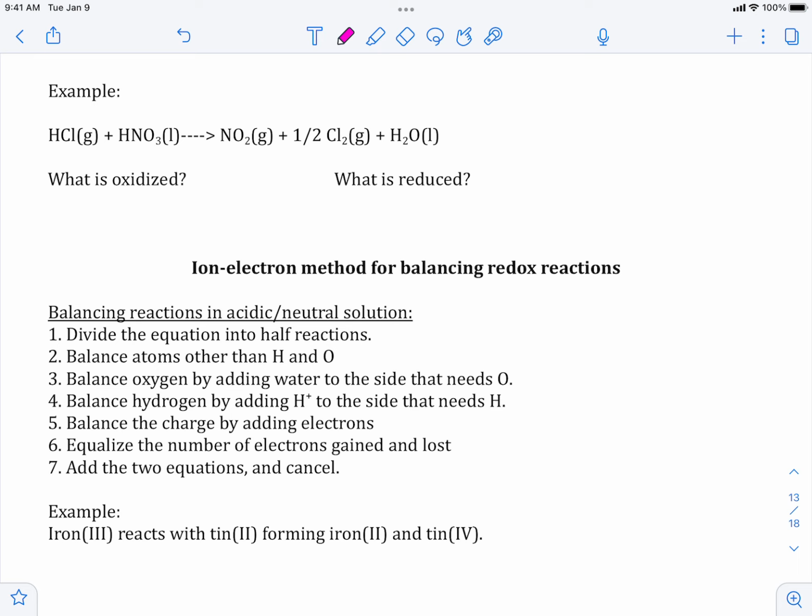The easiest way is to start with the hydrogens and oxygens. And usually the rest fall into place after you do those.